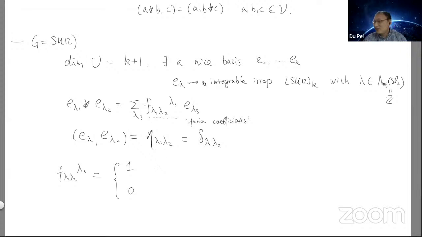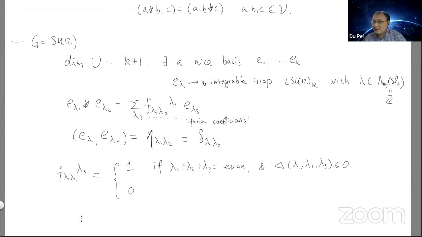And it's a 1 if the sum of them is even, and delta lambda 1, lambda 2, lambda 3 is smaller or equal than 0.